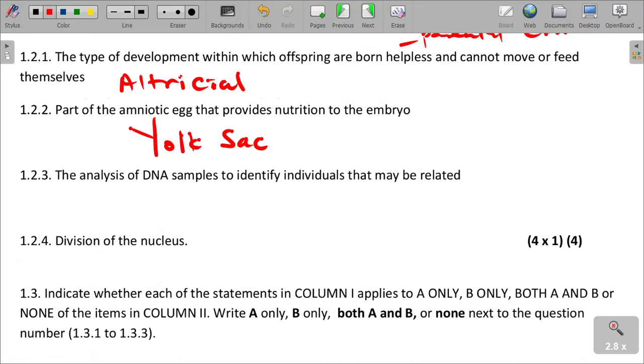And then the analysis of DNA samples to identify individuals that may be related is also called DNA profiling. I have a presentation for you on the channel. Please check on DNA profiling questions that arise there. We have DNA profiles or DNA bars that are given, and you are asked to identify either an adopted child or the criminal in that context.